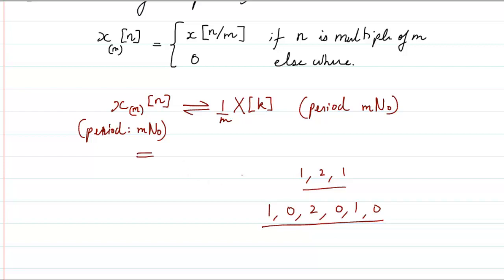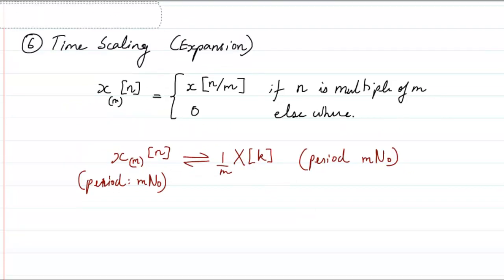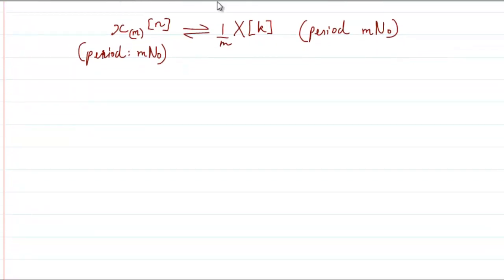If the period of the time sequence changes, then obviously the period on the other side will also change, and that is what is reflected by writing that the period is m N naught. We will see that proof later when we do tutorials.